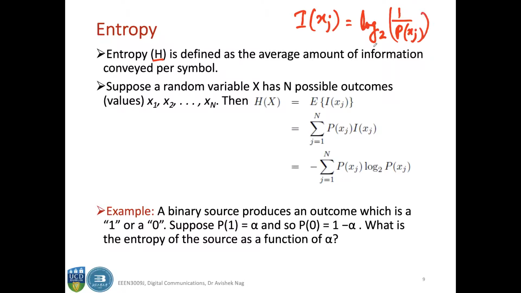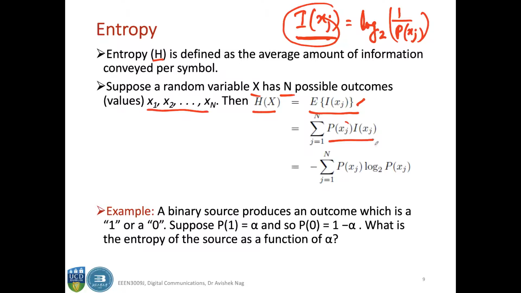So if you find the expectation, or the mean, of this information, what you get is your entropy. Entropy H of x is defined as the expectation of the information that you obtain. Suppose this random variable x has n possible outcomes. You can define the entropy of x by this expectation of the individual information.